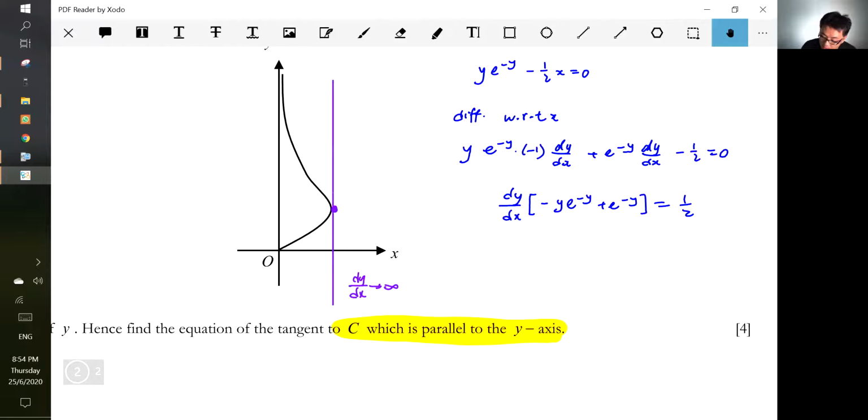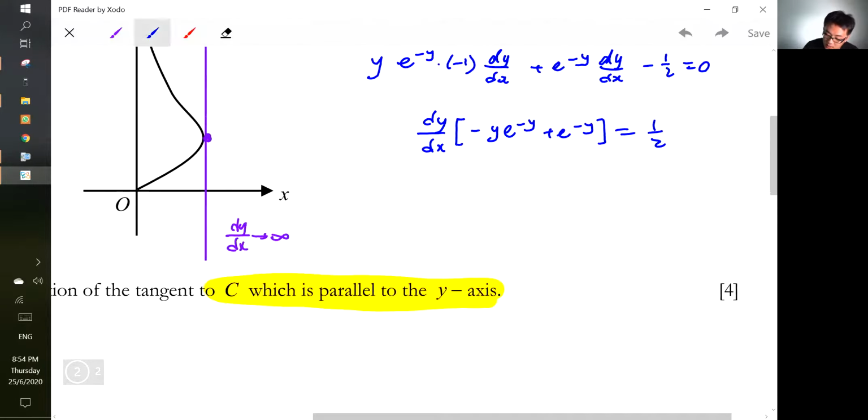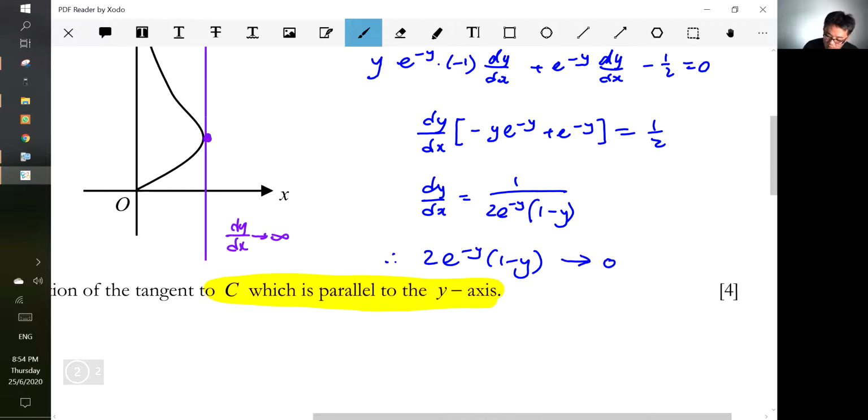So in other words, the denominator will be tending to 0. The denominator equals 0. So I'm just going to put this like that. This one you can rearrange as such. So hence 2e^(-y)(1 - y) tends to 0, because if this goes to 0, then the whole thing will tend to infinity.